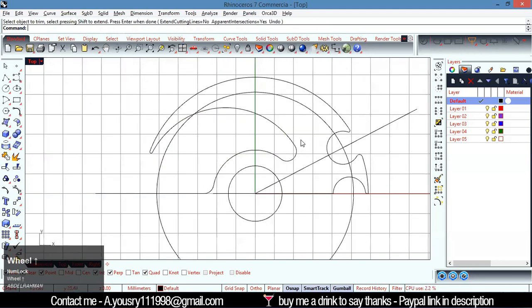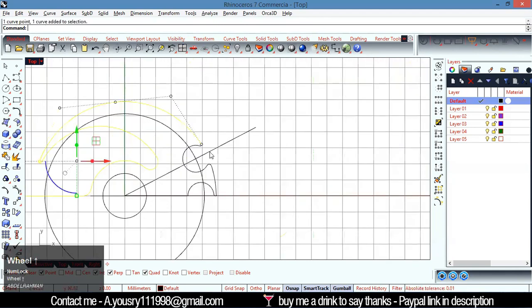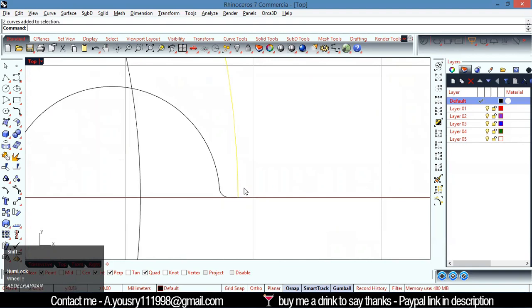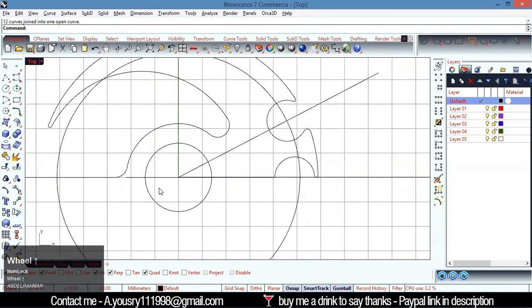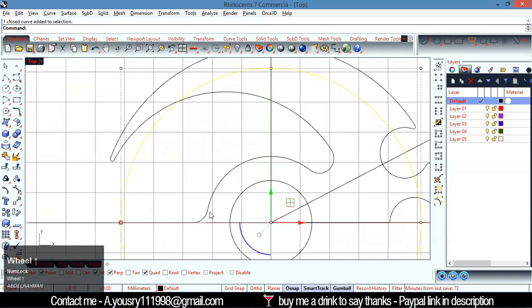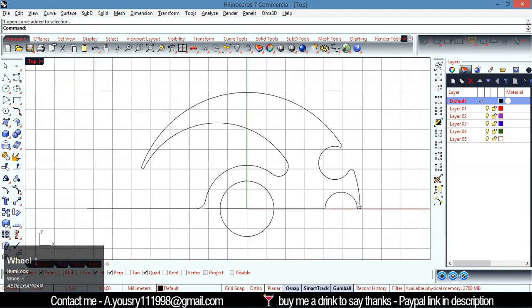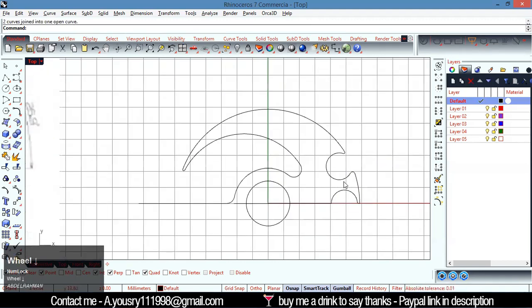Then hit OK. That one with that one. With those. They are joined together. Okay. I'm going to delete that one, and this is also joined with that.